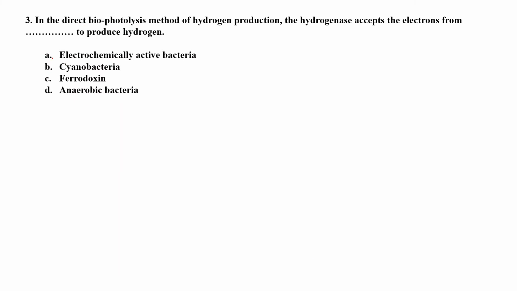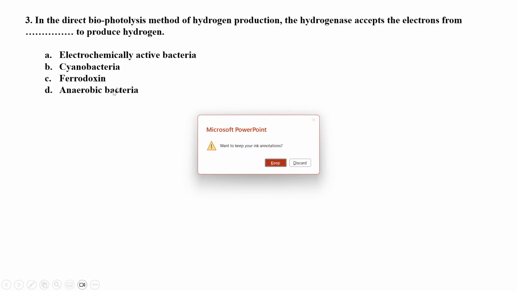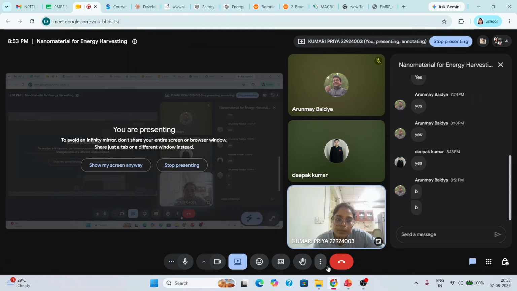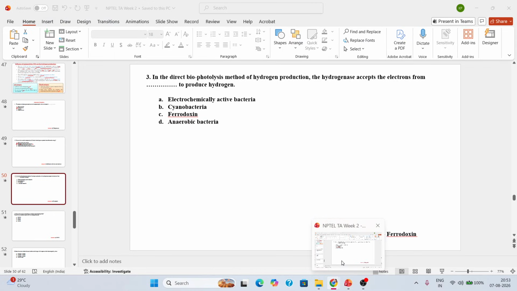Coming on to the next one, which is: in the direct biophotolysis method of hydrogen production, the hydrogenase accepts the electron from what to produce hydrogen? The answer is ferredoxin.